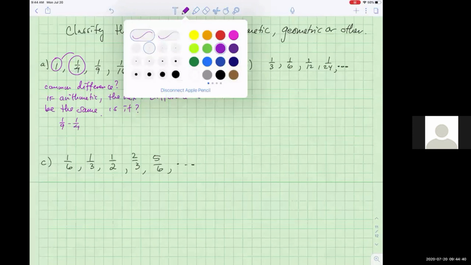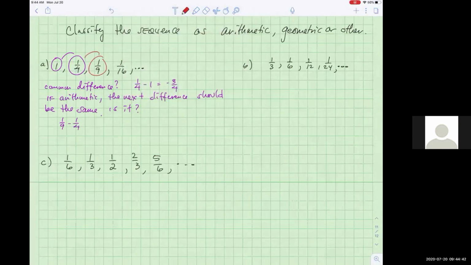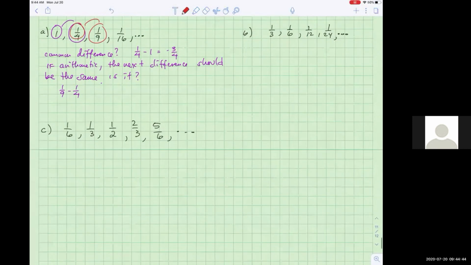I guess I'll change the color there. 1/9 minus 1/4 is equal to, let's get a common denominator, 4/36 minus 9/36 is -5/36. And that's not the same thing as -3/4. So there is no common difference here. So it is not arithmetic.